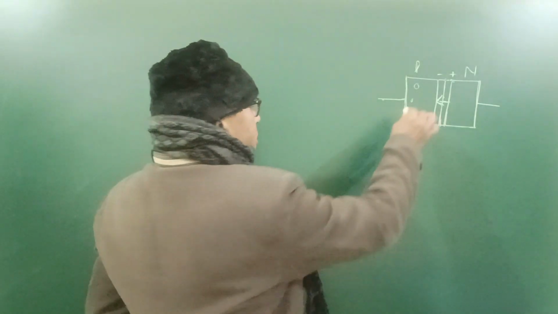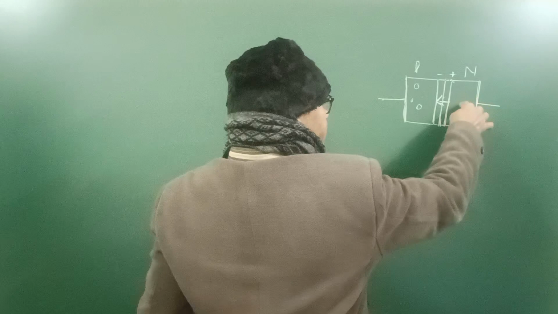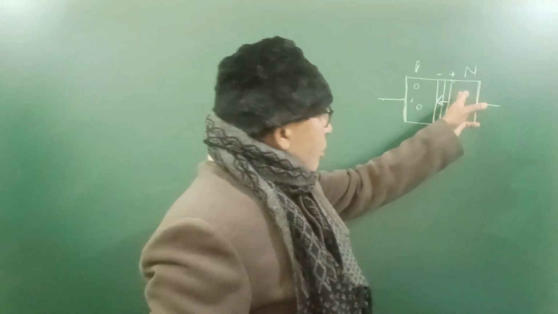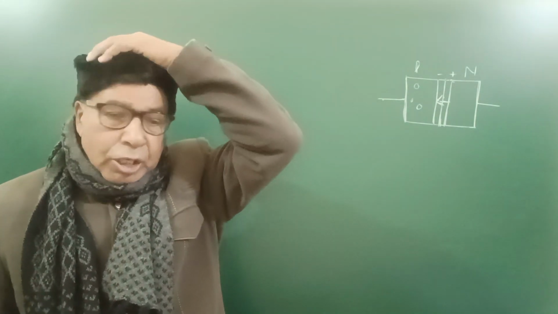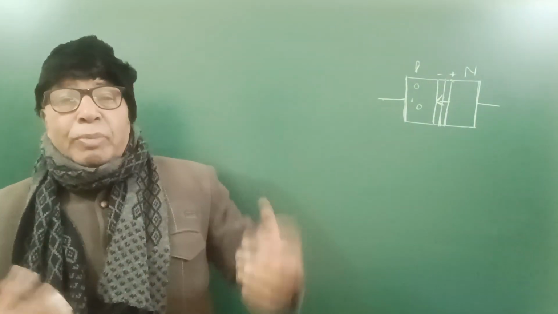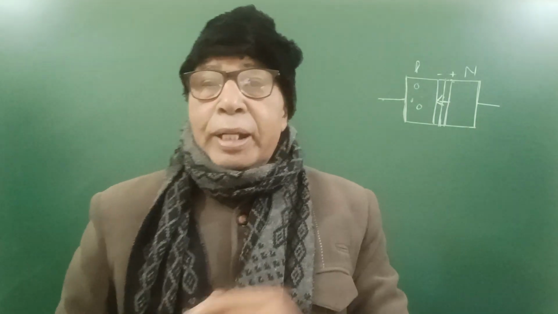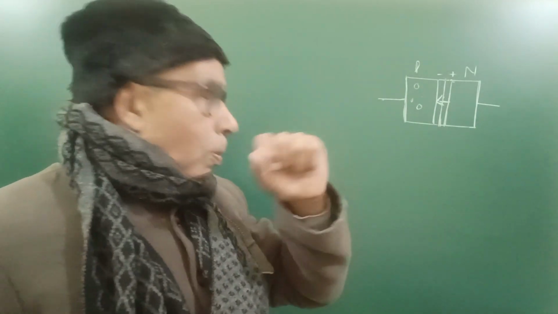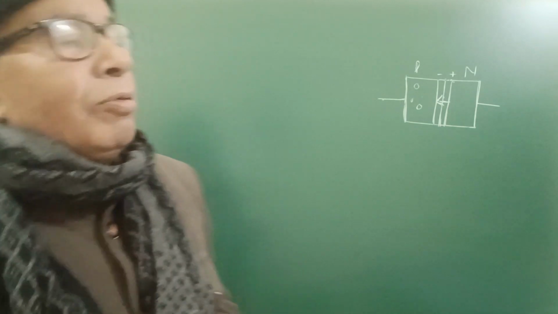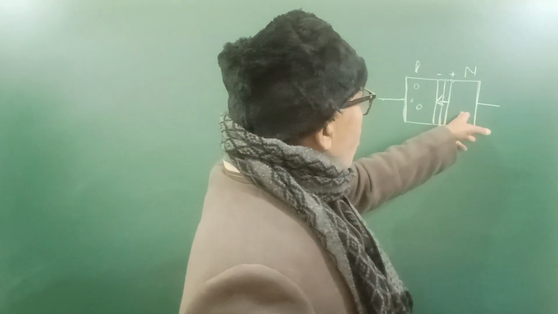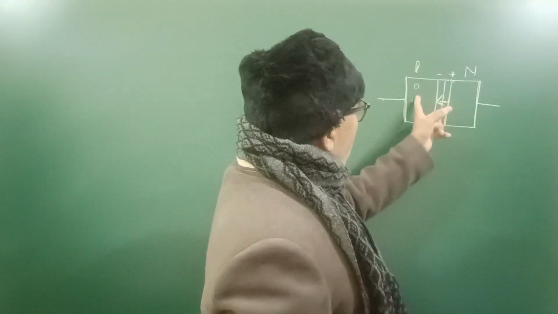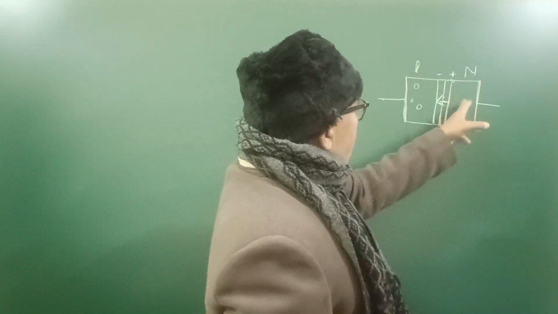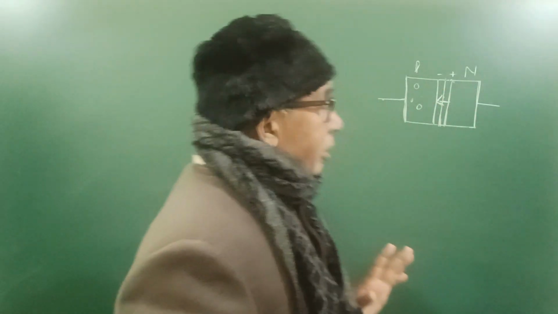What is that? On this side holes are greater, here holes are small. Here there are holes too because of intrinsic charge carrier density. We have taken silicon or germanium. A pure semiconductor has an equal number of electrons and holes. The number gets changed when we dope the pure semiconductor. So there are holes, but they are small in number in comparison to this region. So due to that difference of holes in the two regions, or electrons in the two regions, diffusion starts.